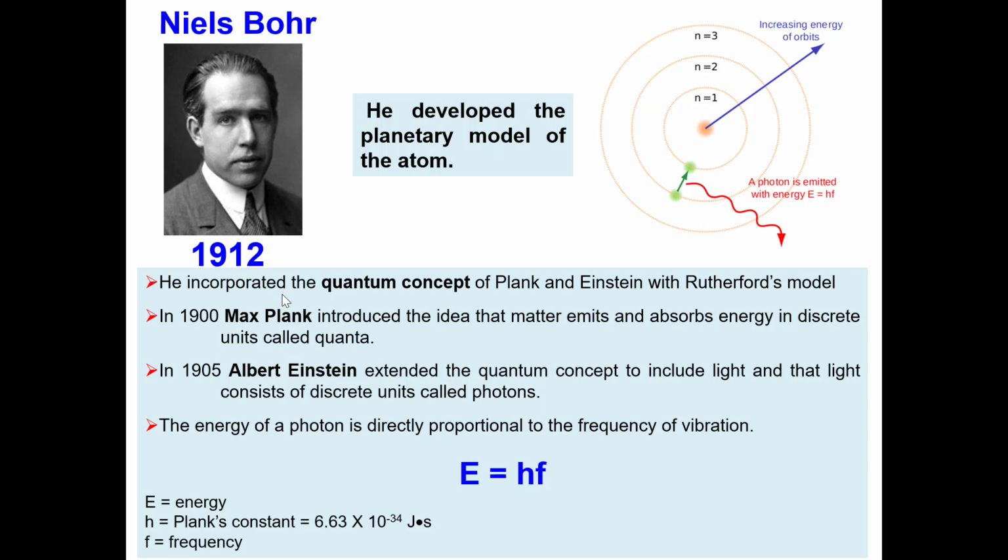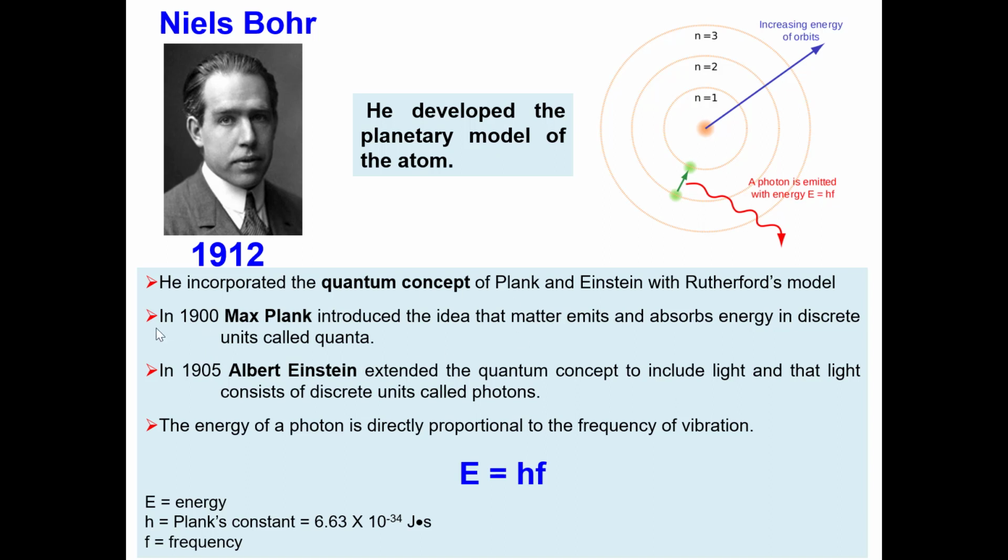to propose his theory. Remember that in 1900, Max Planck introduced the idea that matter emits and absorbs energy in discrete units called quanta. And in 1905, Albert Einstein extended the quantum concept to include light, and said that light consists of discrete units called photons.